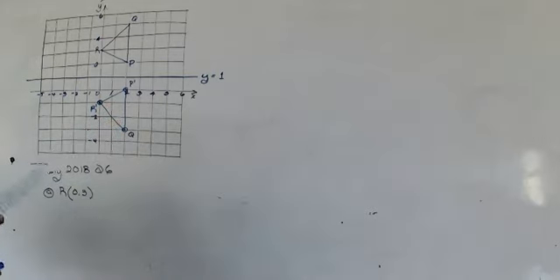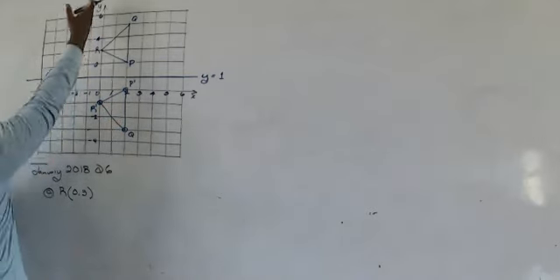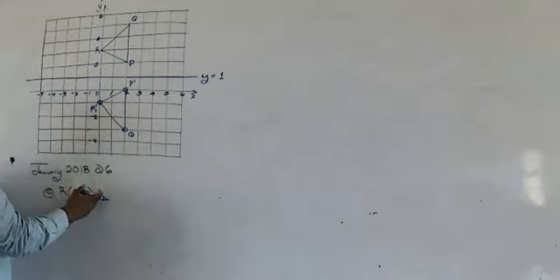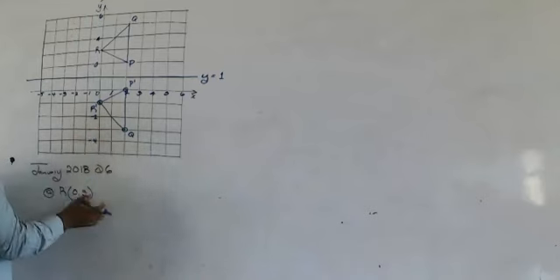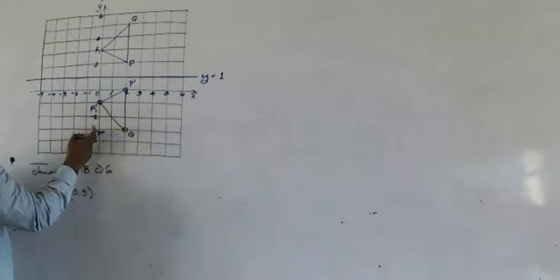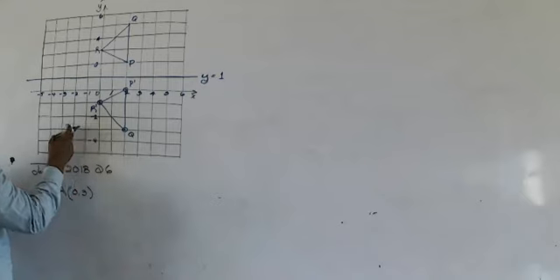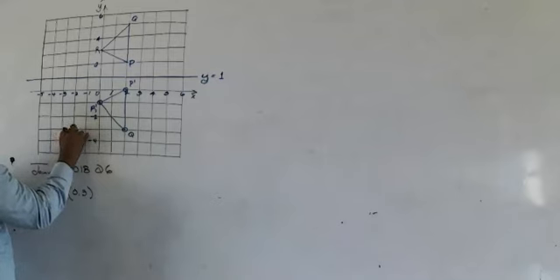Alright, let's reflect. This is the y-axis and it's my mirror line. How far is Q from the mirror line? This is 1, 2. The image Q double prime is the same distance on the other side. 1, 2. This is the new image of Q, and this is Q double prime.